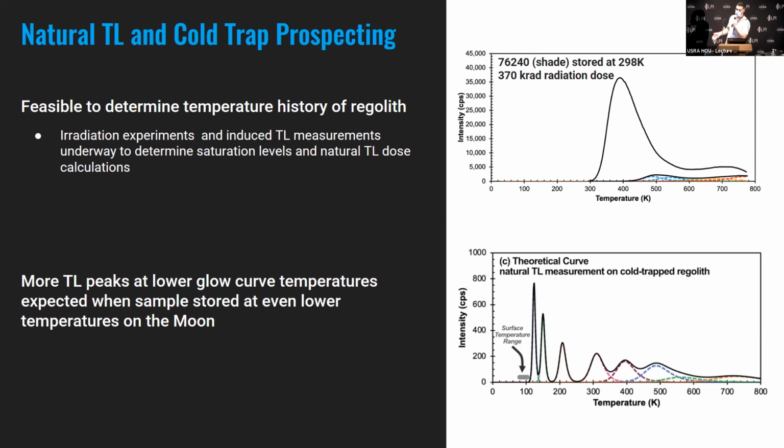And what we think now, that we know TL theory holds true, is that we can rearrange all the equations. Showing on the bottom plot here is what we think a glow curve could look like for a sample returned from a cold trap on the moon. But we have more to do. That's just the theory, but using all the things that we found, this is what it could look like.